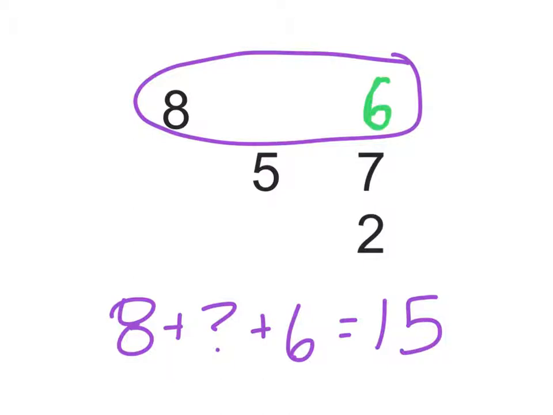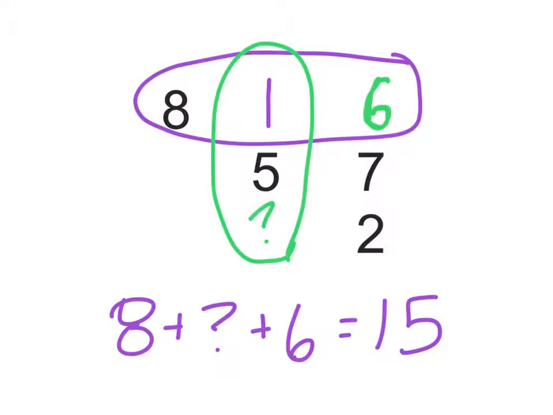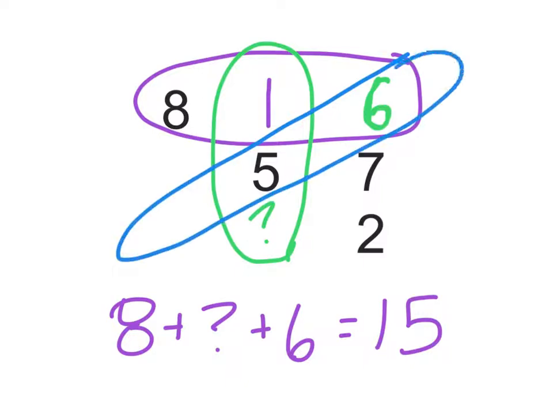That answer is 1. So now I can fill in that spot. And then I just continue to look for pairs. So I have a 1 and a 5, so I can figure out what number goes in here. I have a 6 and a 5, so I can figure out what number goes in here, etc., until I have filled in all the spots.